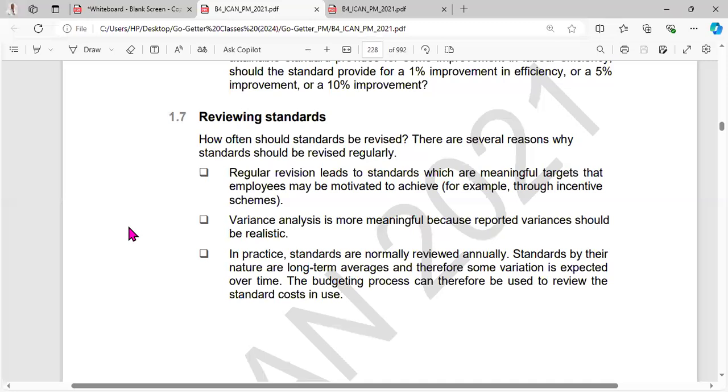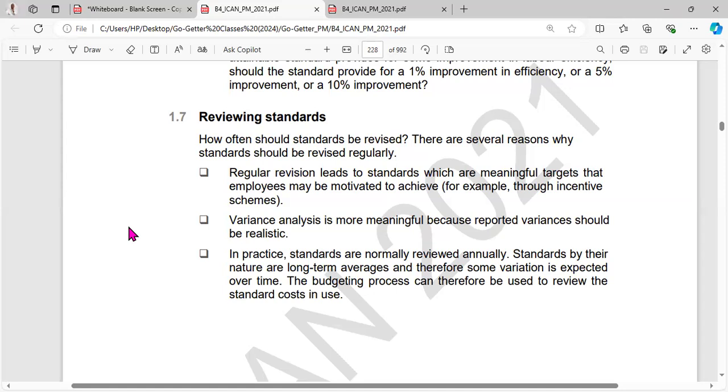For example, look at our tax laws. Our tax laws are like tax standards, isn't it? Our tax rates, how much is the VAT rate? These are standard rates, right? How much is the current income tax? These are standard rates. We don't review them every year, okay? We review them over time.